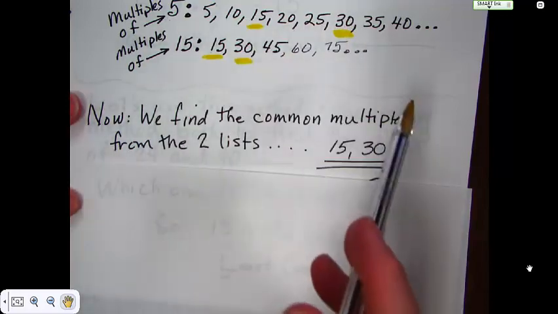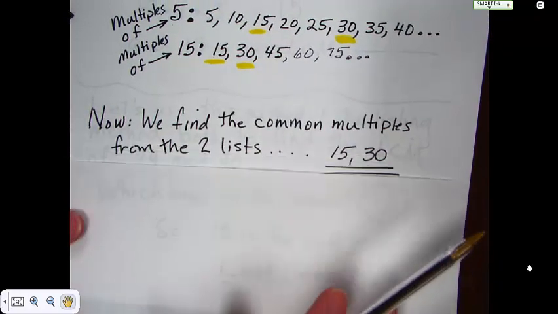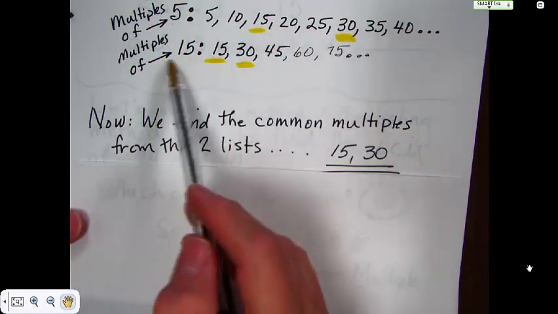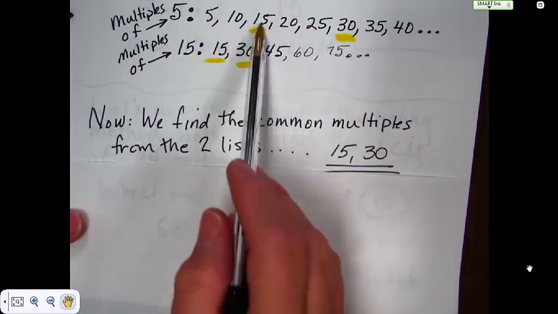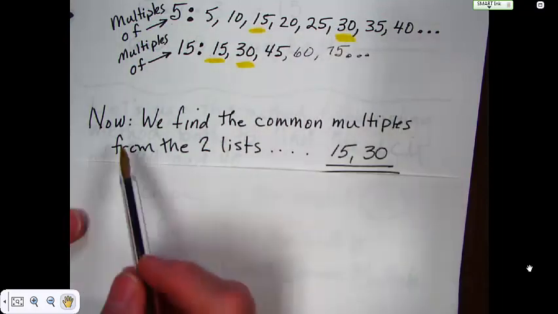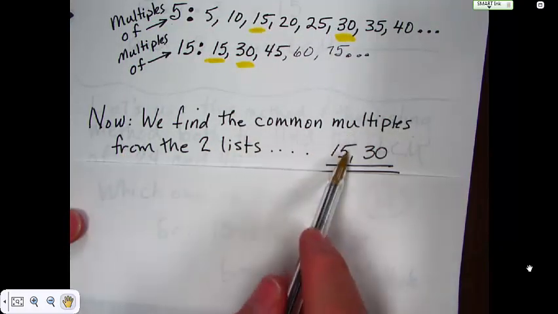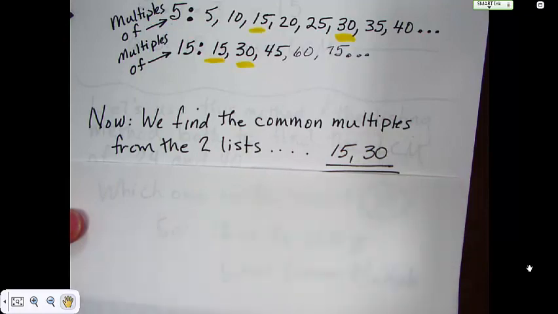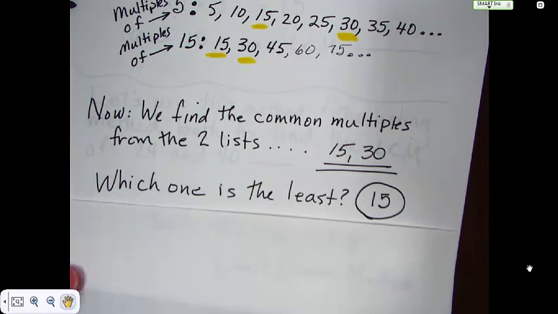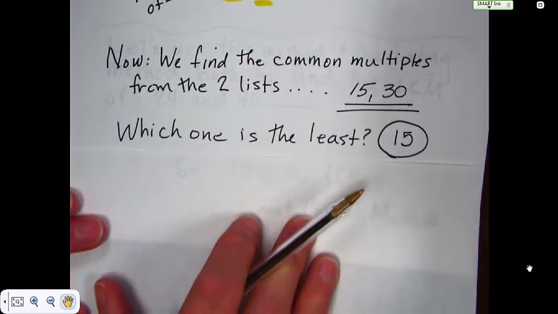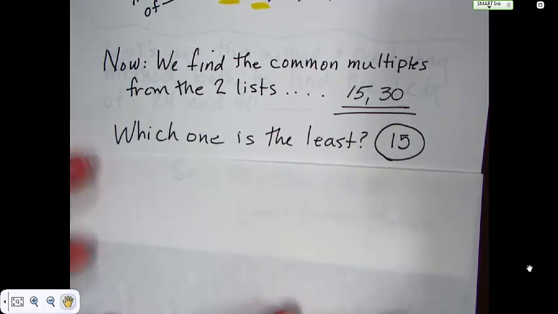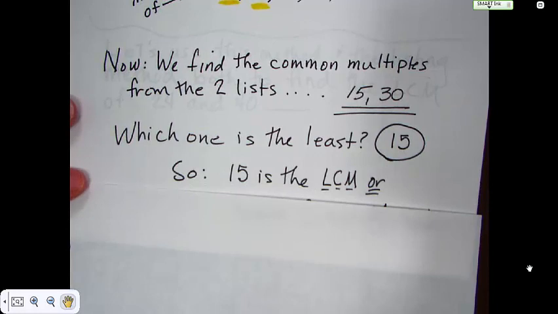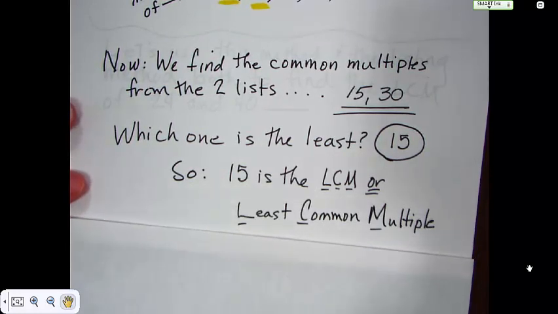I only went to 45, and I had already found two that were common. So we write the commons from the list. 15 and 30 are common. Which one is the least? Well, the least is the 15. So therefore, the LCM, or least common multiple, of 5 and 15 is 15.